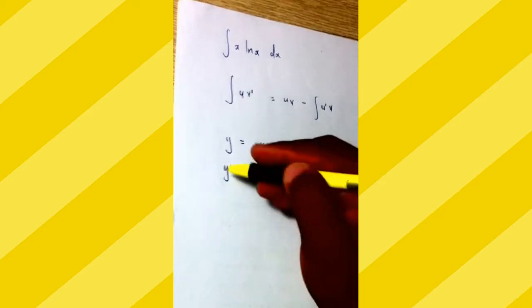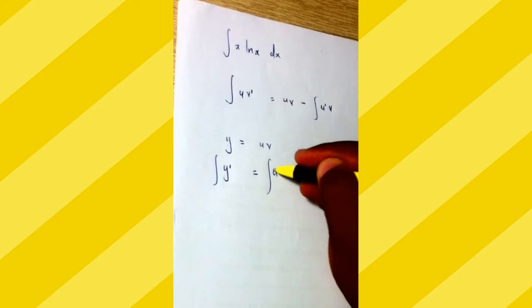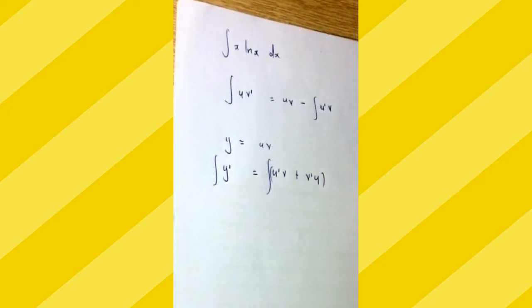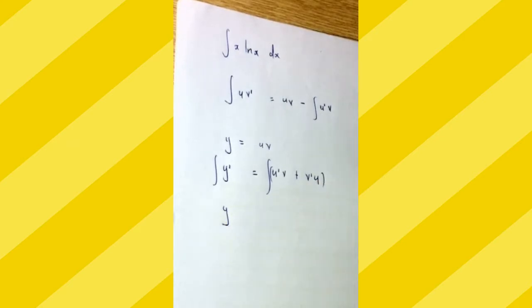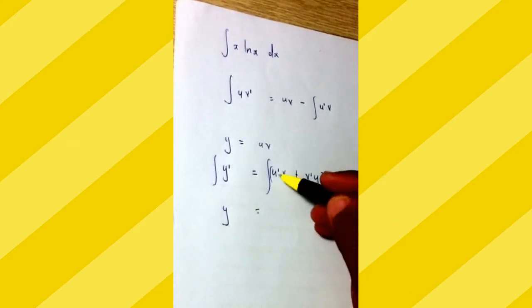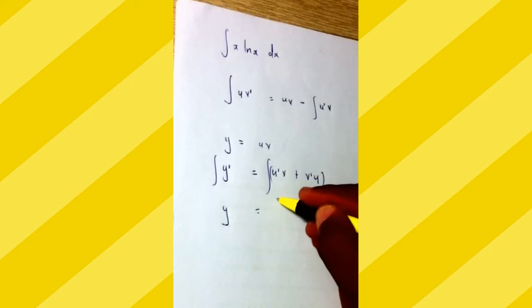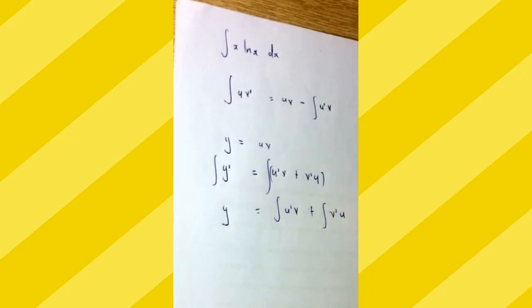So if I integrate the left side and if I integrate the right side, here I'm going to get the original function, that is y is equal to, then if I open the brackets, the integral of the derivative of u multiplied by v plus the integral of the derivative of v multiplied by u.